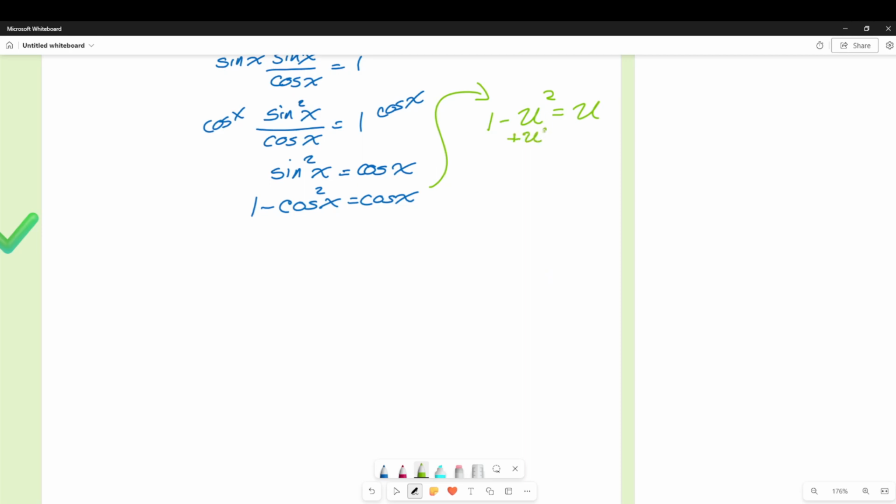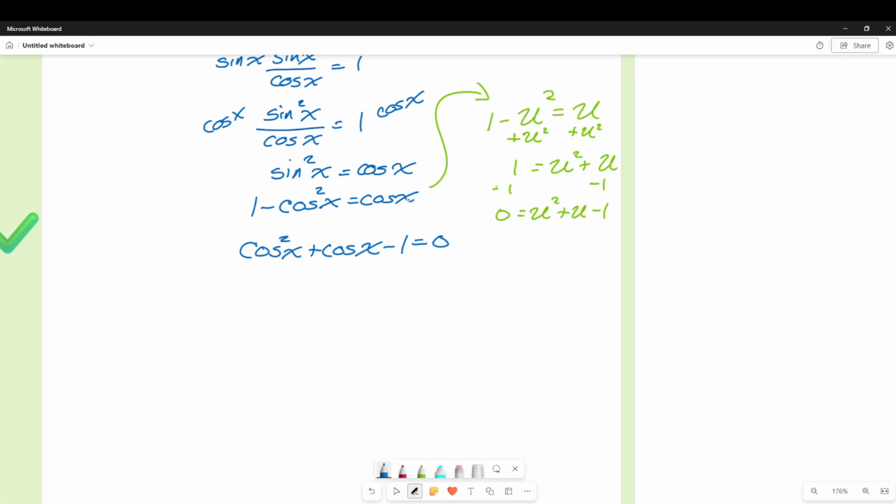Either way, if we add u squared to both sides, we get u squared plus u equals 1, and then subtract the 1 from both sides. 0 equals u squared plus u minus 1. So the same manipulations over here would get us cosine squared x plus cosine x minus 1 equals 0. Just adding that over, subtracting that over, or however you want to manipulate it.